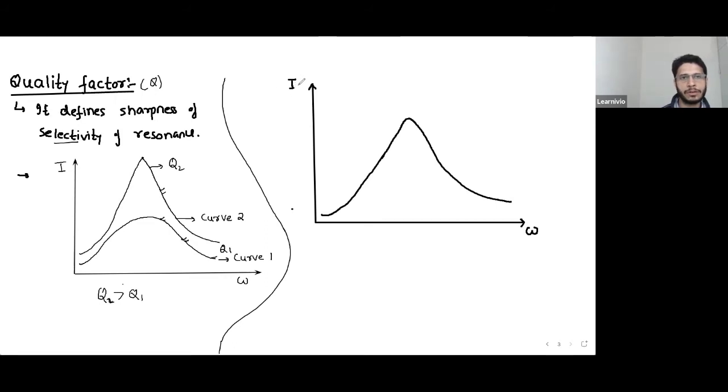This is your current. This is the maximum value of current, so this is I naught max. And this maximum value is at a frequency which is known as omega naught, the resonance frequency.